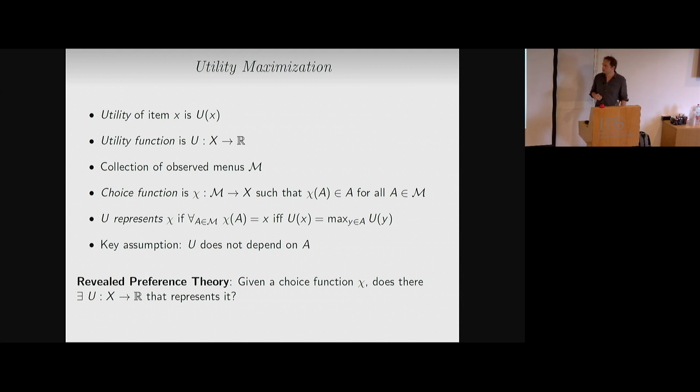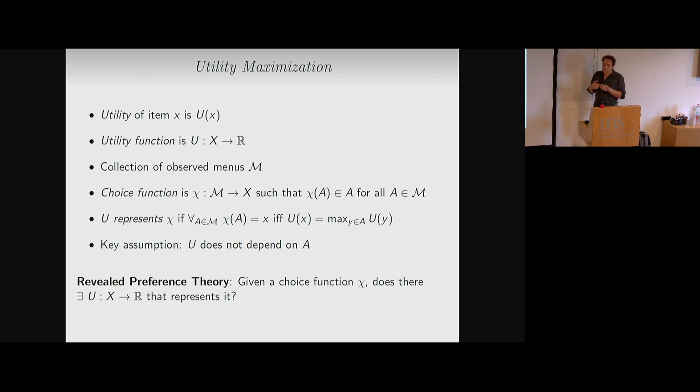So script M is the collection of menus observed in the experiment. The choice function is a mapping from menus to choices, such that for each menu, the choice from that menu belongs to the menu. So the menu is like a budget set. What you choose, you have to afford. That's the only constraint on the choice function.